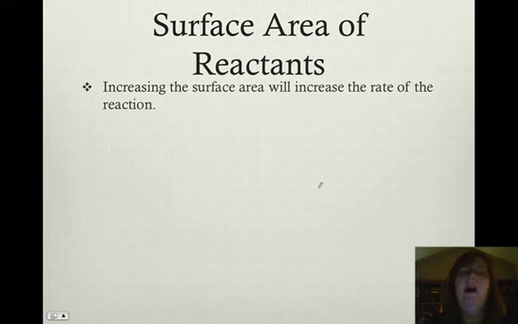Surface area. If you increase the surface area of the reactants, say, if you had a cube of sugar versus if you mashed it up and had all this fine powder of sugar, which would dissolve faster?